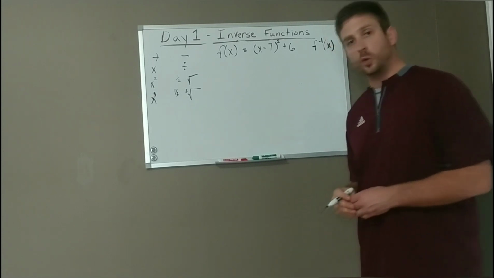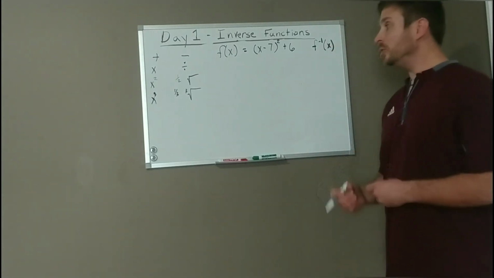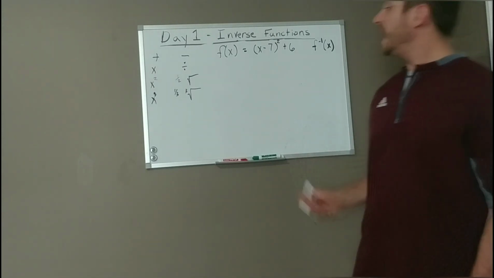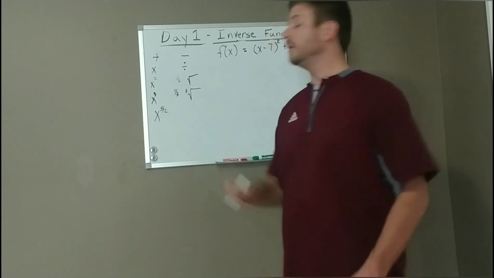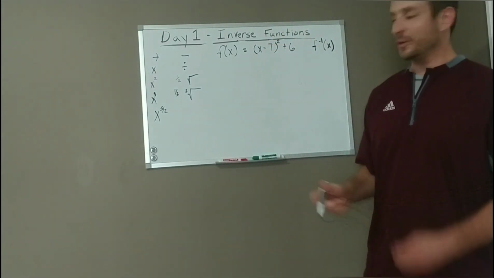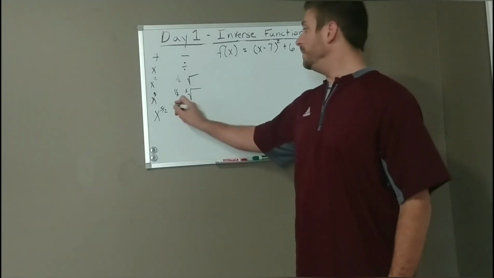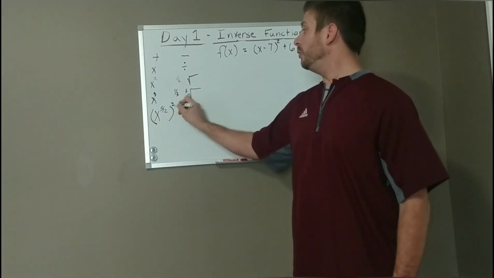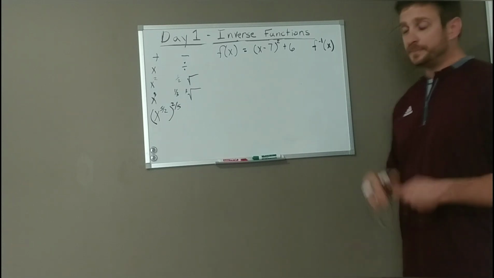If we want to get rid of a square root, we would have to square it. To get rid of a cube root, we would have to cube it. And if we had a function, say x to the 5/2 power, we would have to raise it to the reciprocal power. So the reciprocal of 5/2 would be 2/5. And that would get rid of your power to isolate the variable.